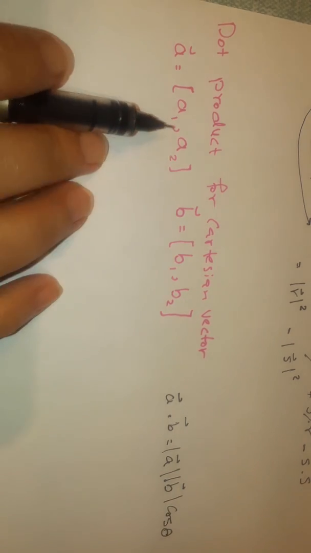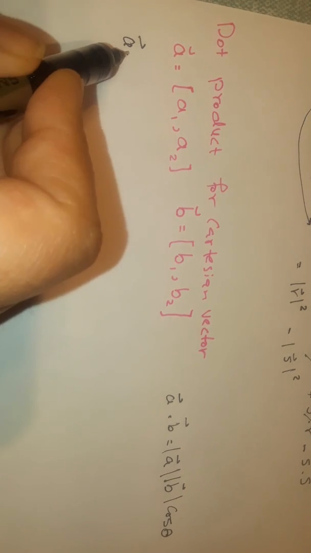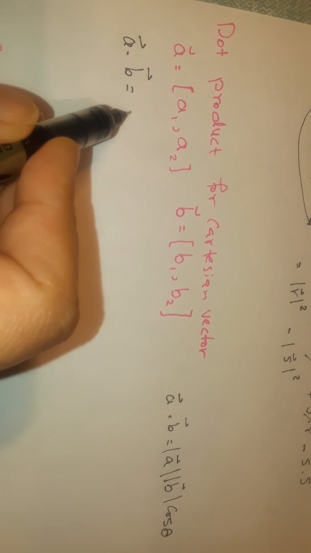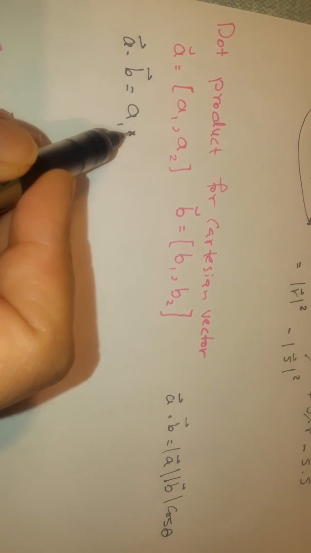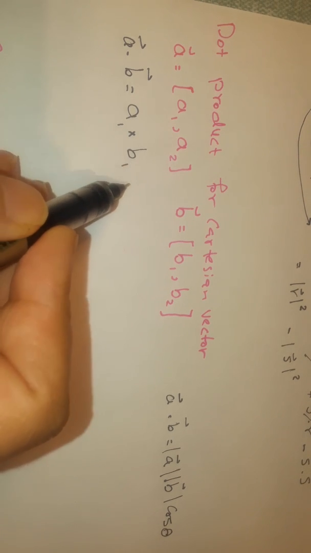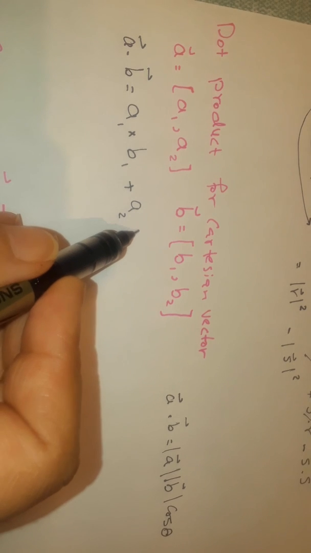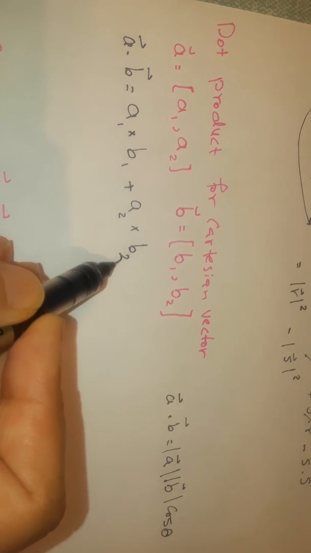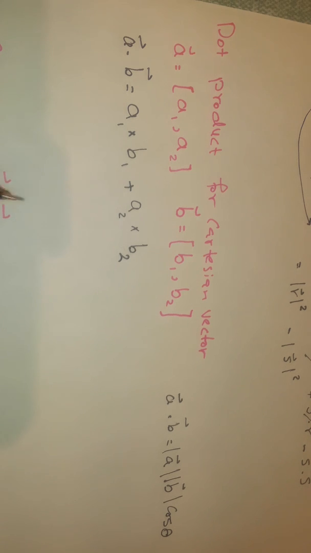But if we have their components, there's another way to do that. A dot B is going to be A1, the x component, multiplied by B1, plus the y component multiplied by the y component. I will prove these properties in another video, but this is another dot product.